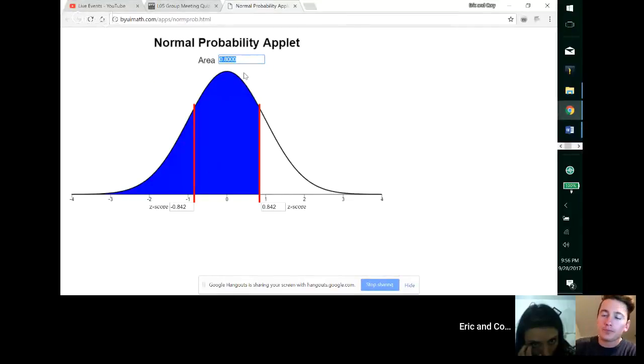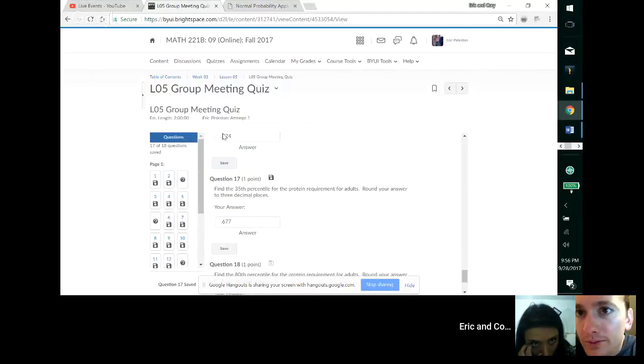So let's talk about what we did for 17. If you want to look at my screen, I'll just screencast it to you. Okay, so the question for 17 says find the 35th percentile, right?